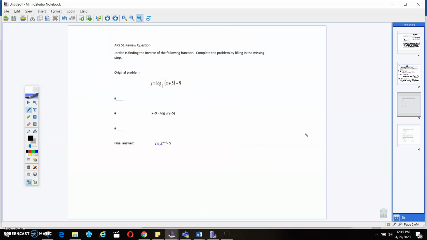Alright, 51. So this is talking about logs and inverses of logs. One thing I want you to keep in mind when you're doing this is exponential to log are the inverses. So, for instance, if I have 10 to the x equals y, I'm going to put that into log form, right? So I'm going to start at my base, go to the outside, and finish at the exponent.